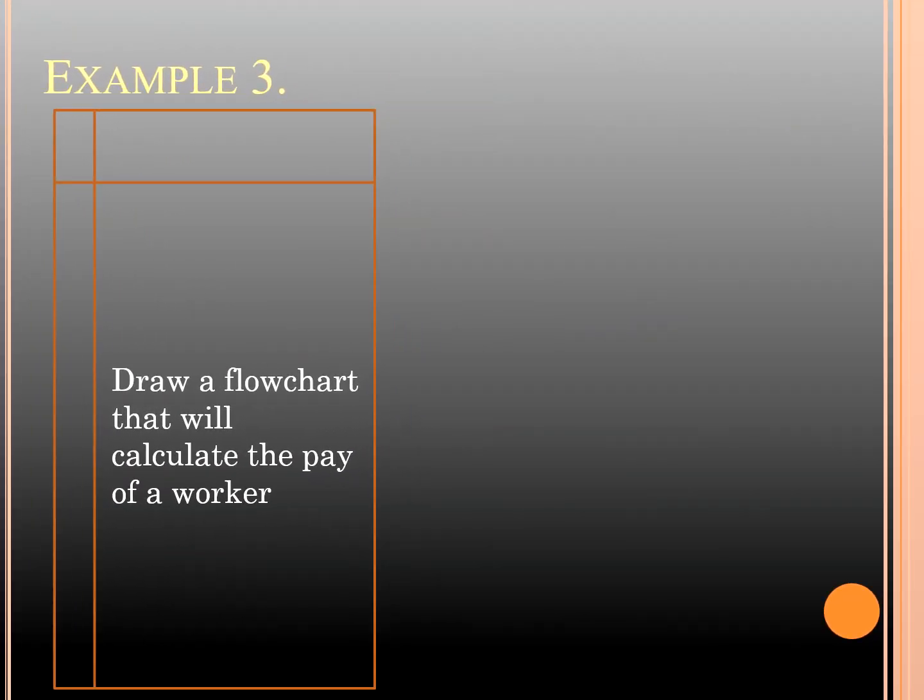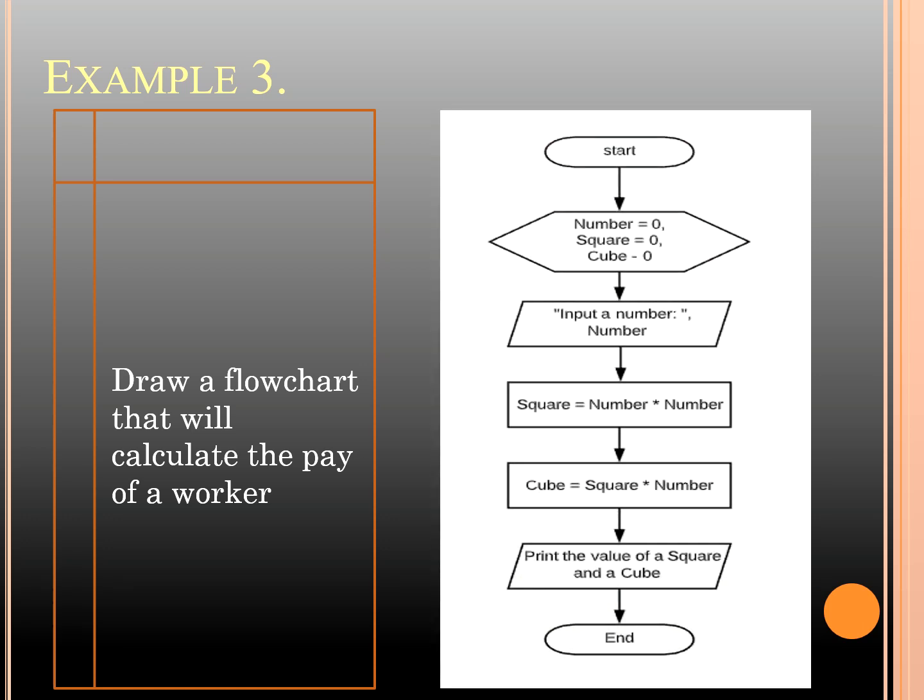So for the last example, draw a flowchart that will calculate the pay of a worker. So start, then initialize the variable and input the number, then make a set of formula wherein square is equals to number multiplied by number.